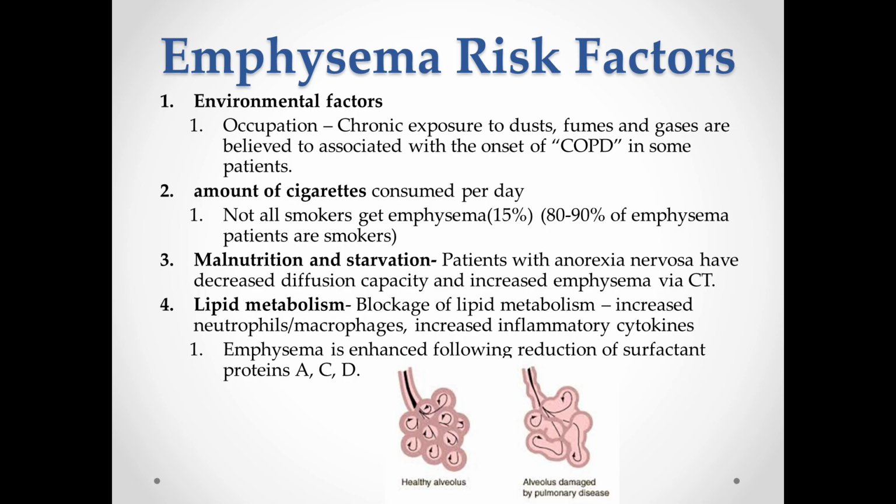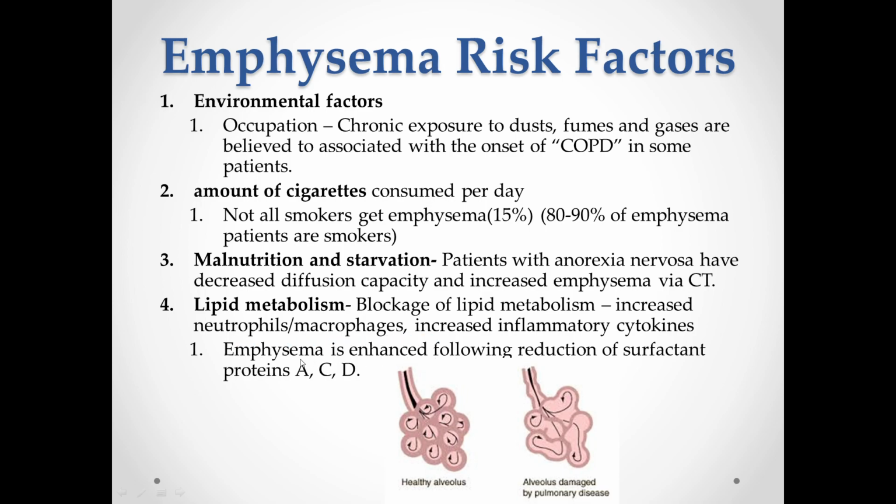And if that were to not happen, then there would potentially be a reduction in surfactant production because of reduced fatty acid transport to the alveoli. And then lipid metabolism. This sort of piggybacks on this idea of malnutrition and starvation. That is, that blockage of lipid metabolism tends to increase neutrophil and macrophage activity in the lungs, also increases inflammatory cytokine production, as well as reduces the amount of surfactant that's produced.